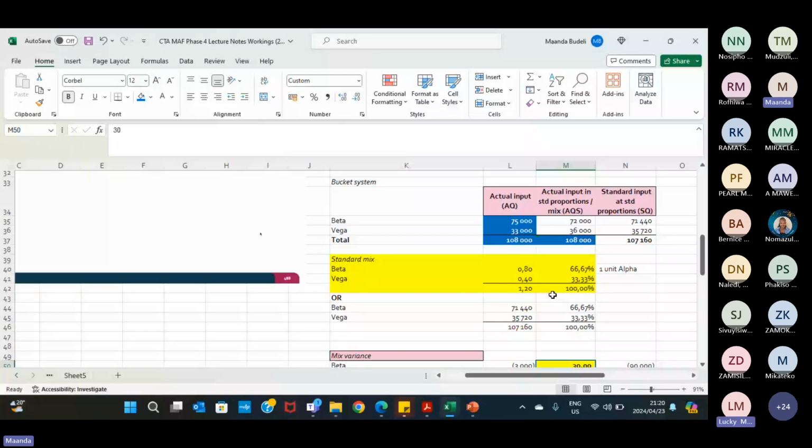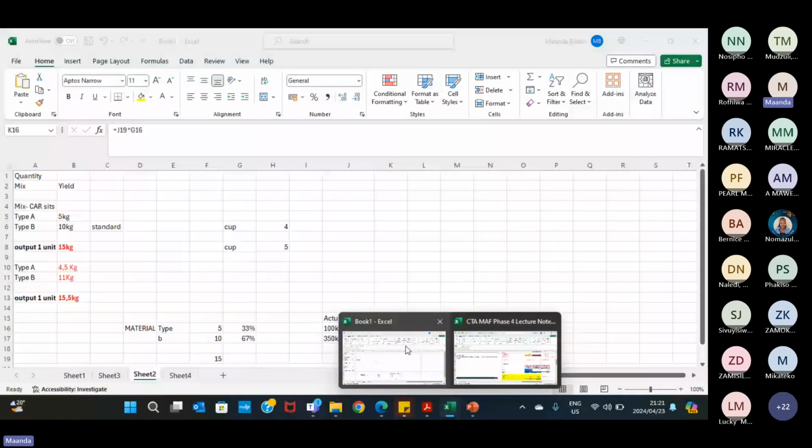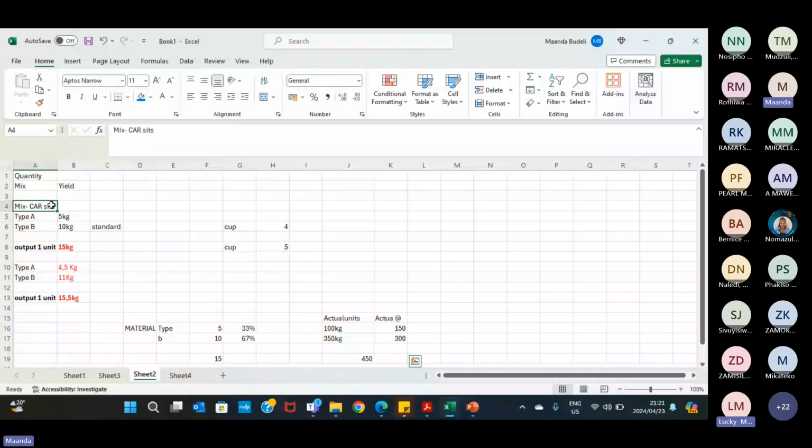Okay. So basically how we got this, we said for us to produce one alpha, which is 1 unit of what we are doing, if we go back to the example that I did here. I said we produce a car seat.